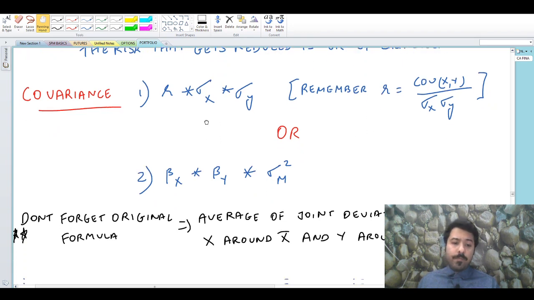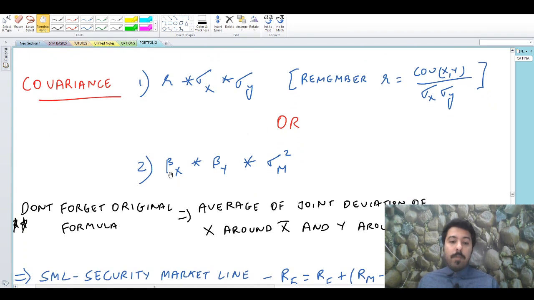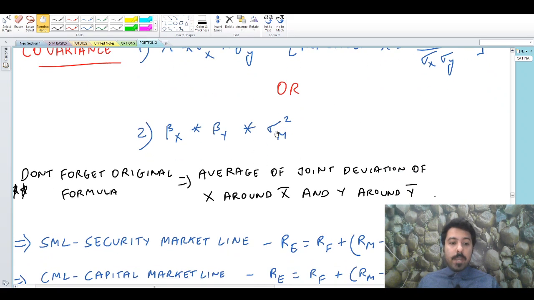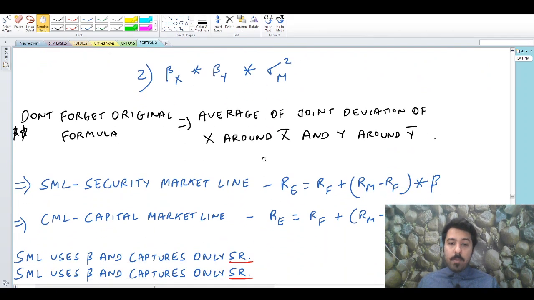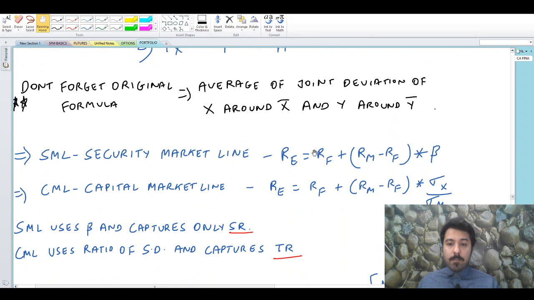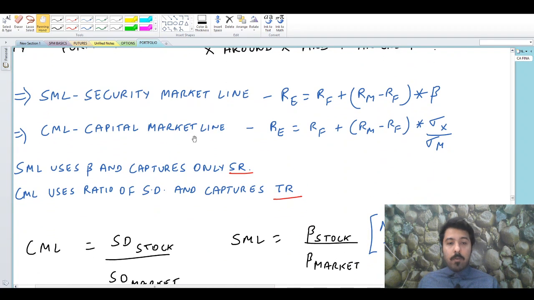Very easy. Or beta x into beta y into variance of market. What are we calculating? The covariance, the variance of the two towards the market, right? So the variance of the market multiplied by individual betas will give you covariance. Very easy. And obviously remember the original formula, the joint deviation average of x around x bar and y around y bar, right?